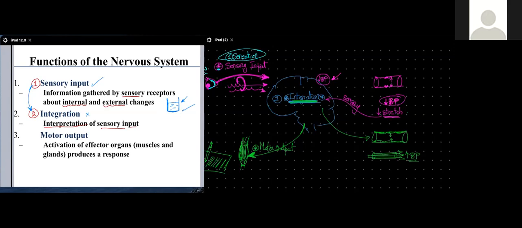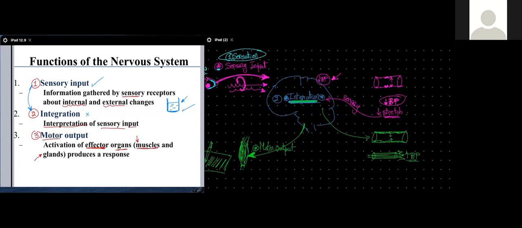All right, great. So looking here again, third function of the nervous system is the motor output, which is going to be the activation of the effector organs. Those effector organs might be either muscles or glands.